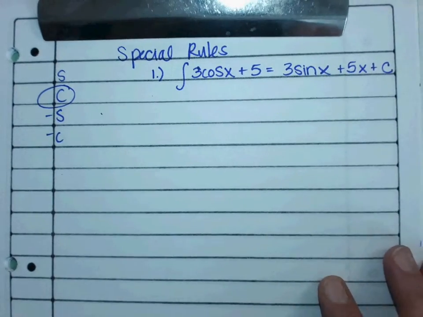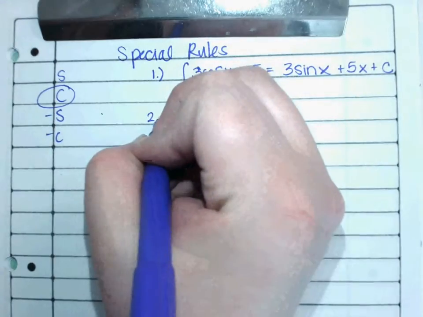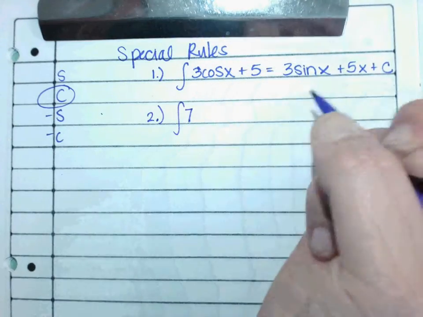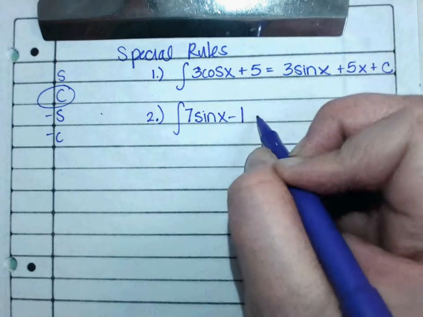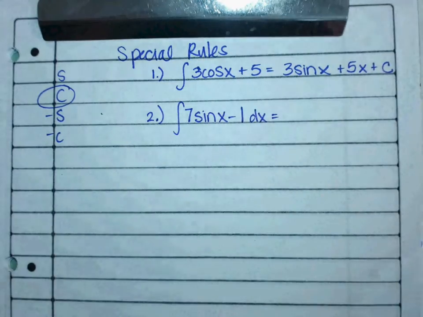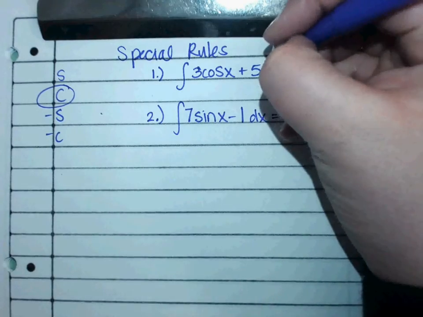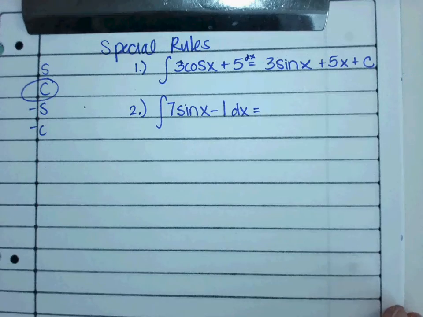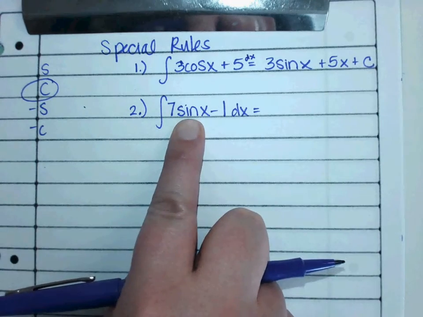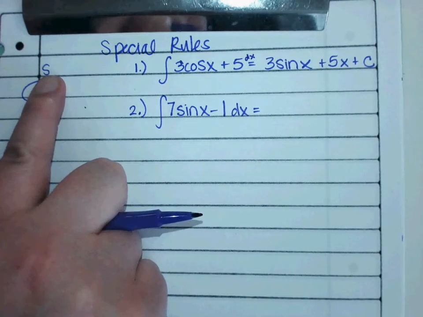Okay, let's do another one, number 2. Let's do the integral of 7 sine x minus 1. And I'm realizing I forgot the dx here, so if you want to squeeze it in to that first one, you can. Okay, find sine on your chart. Sine is positive, that means I'm here, but I have to go up.